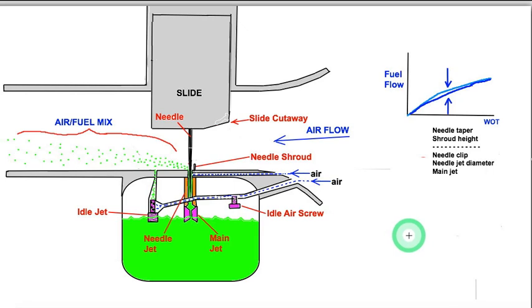So, of course, there's different ways to test for the right jetting. Wide open throttle is easy. You either test acceleration or you test uphill, or going through a high load situation like going through sand. You just try different jets. You have some kind of measurement of what the engine RPM is or what the speed is, and you wind up with maybe 2 or 3 jets that are right there at the best zone.